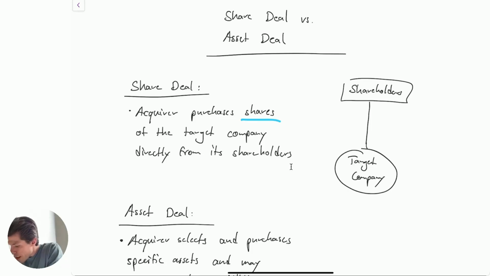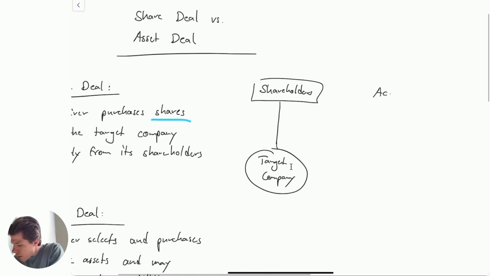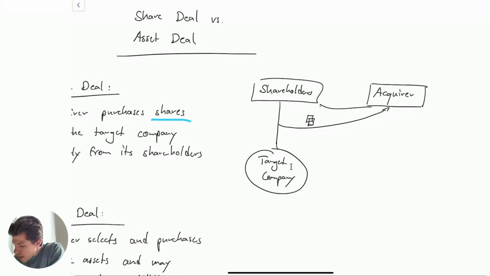So they own shares in this company. And if you are the acquirer, let's say another business, for example, then what you do is you buy those shares. So these are the shares that you buy, and in exchange, you basically give those shareholders money.